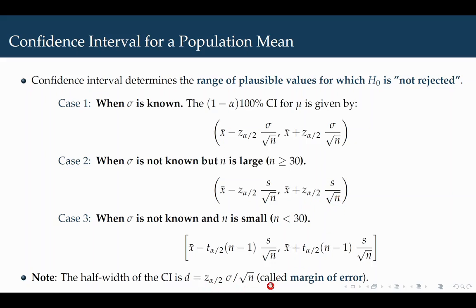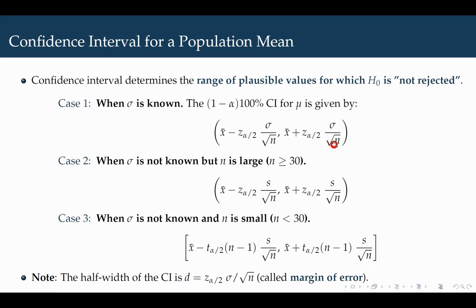This margin of error is nothing but the half width of the confidence interval: from x bar down to the lower bound, we have z alpha over 2 sigma over root n, or from x bar up to the upper bound, we have z alpha over 2 times sigma over root n.